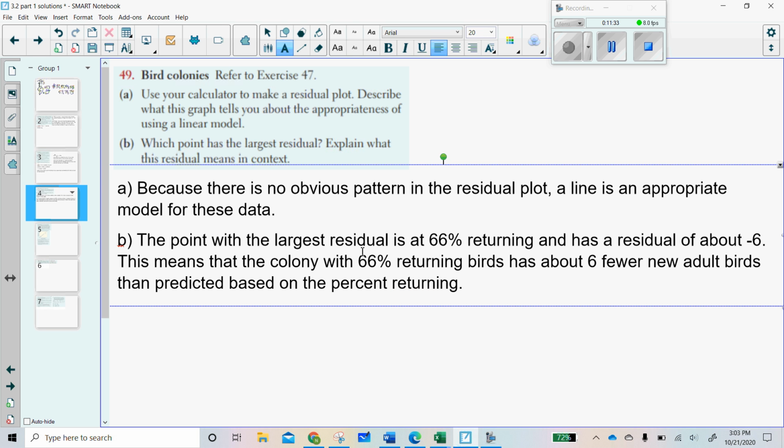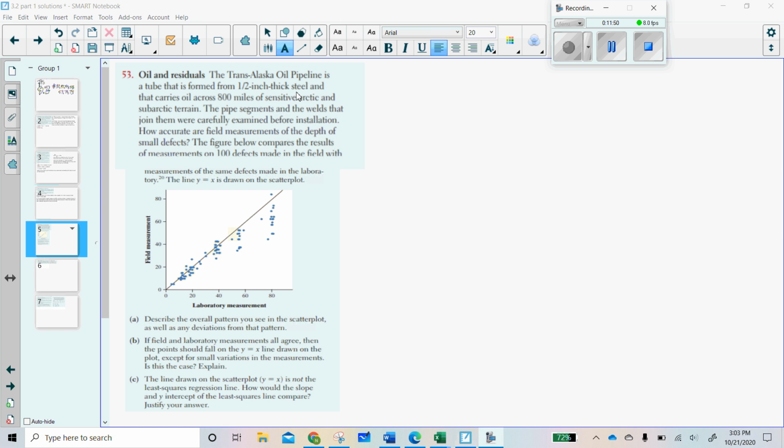So it has 6 fewer than what the least squares regression line would have said. And you could say the least squares regression line predicted there would be 6 more than what actually happened, or you could say there actually were 6 fewer than what was predicted. And that would cover both. Okay, going to keep moving along.